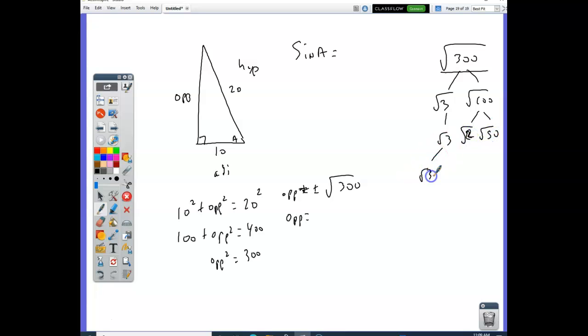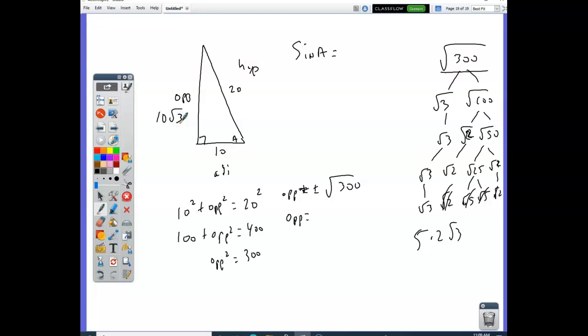Root 3, root 2, 50. 25 and 2. Then 5 and 5. Root 5 and root 5. Can I do any more? Any pairs? Yes, the 5s. Pair of 2s? Here's my root 3. So this side over here is 10 root 3.